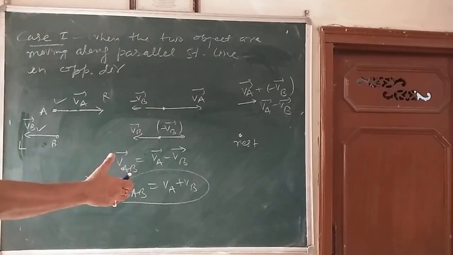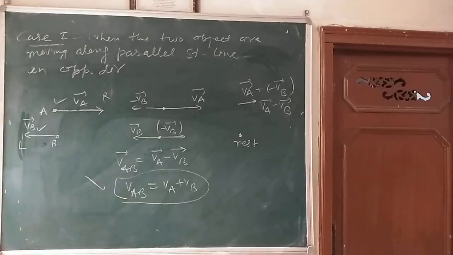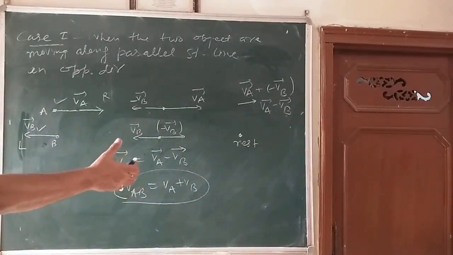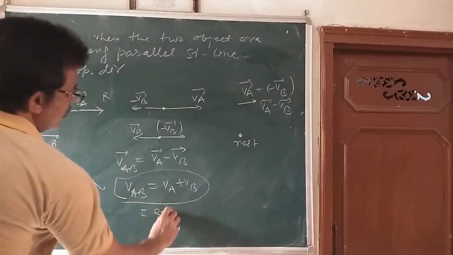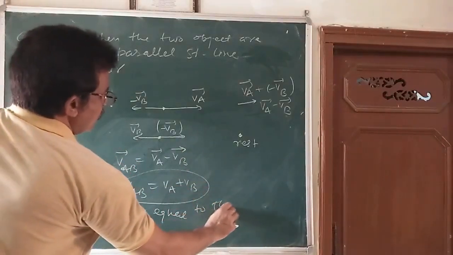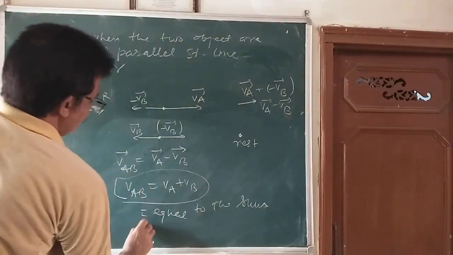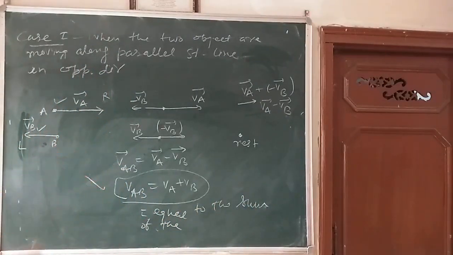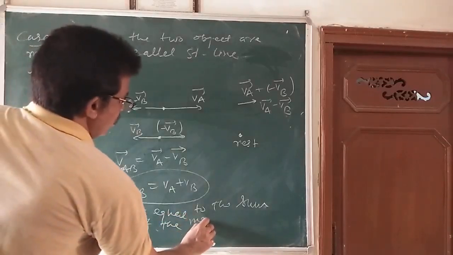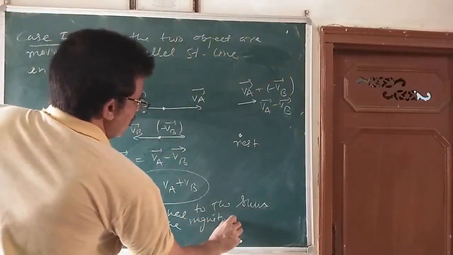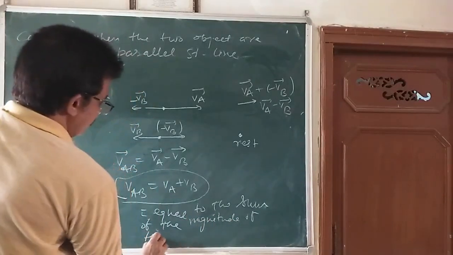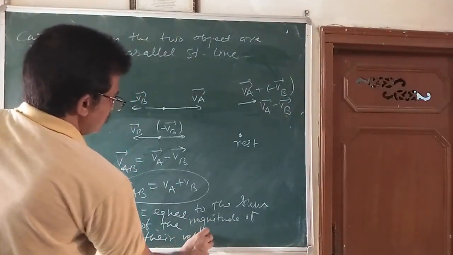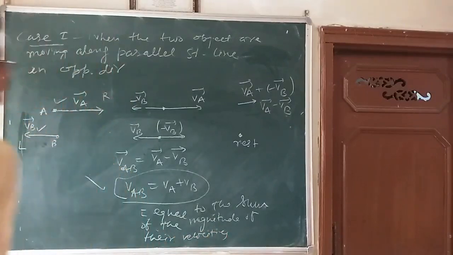The magnitude of relative velocity of an object with respect to the other is equal to the sum of the magnitudes of their velocities. Write this down.